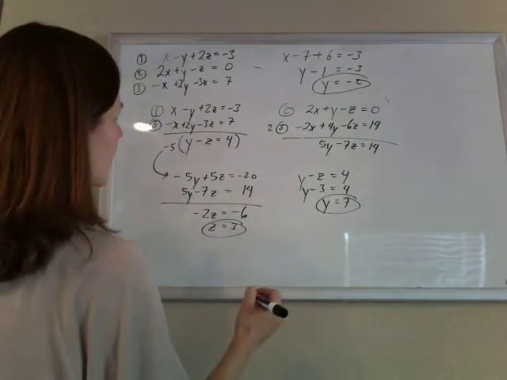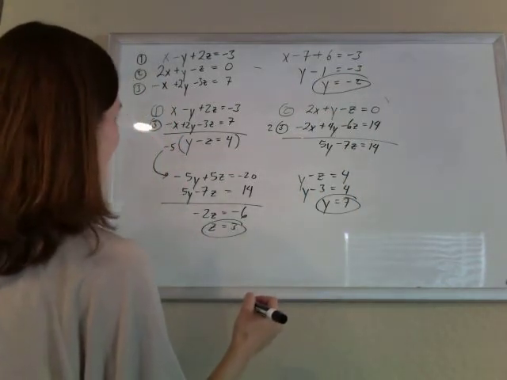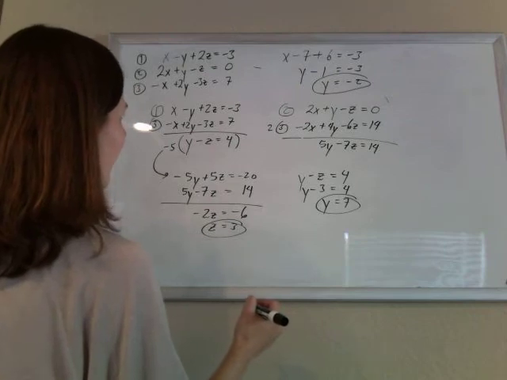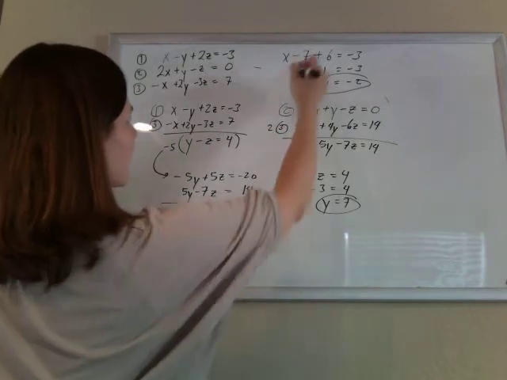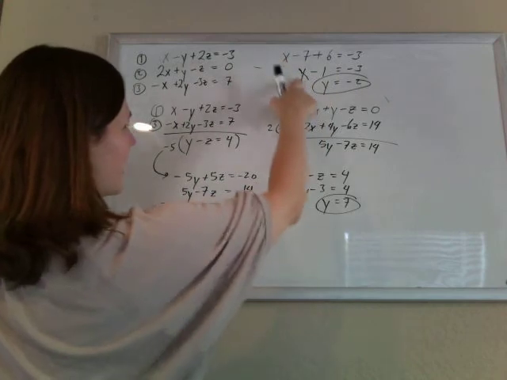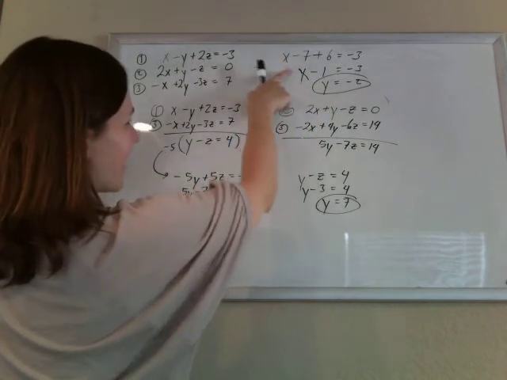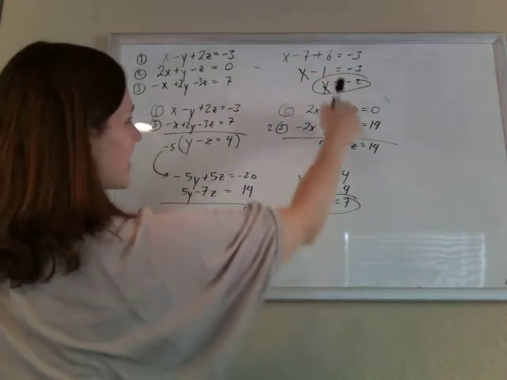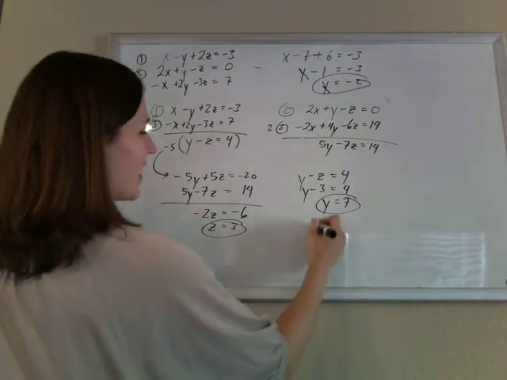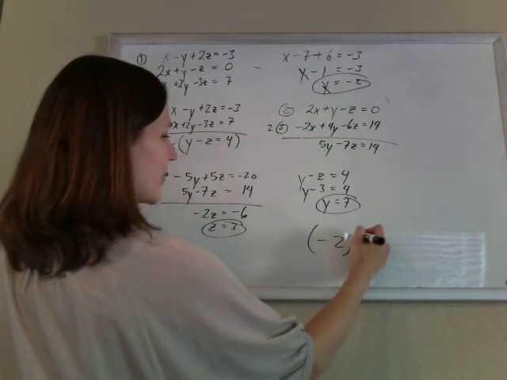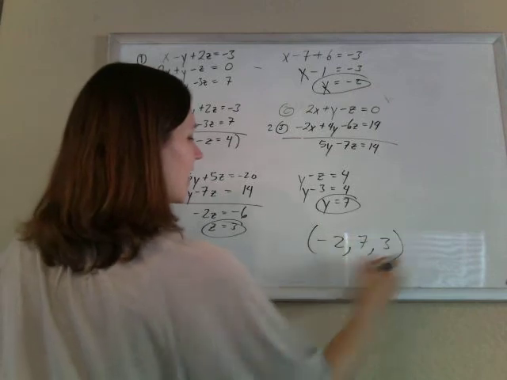Crud. What did, that mutated. Sorry, that was an x. So x is negative 2. So we've got x is negative 2, y is 7, z is 3.